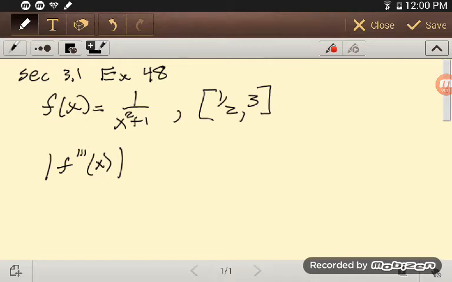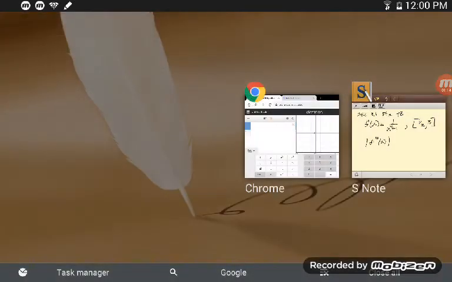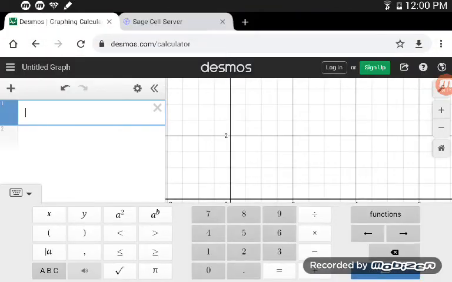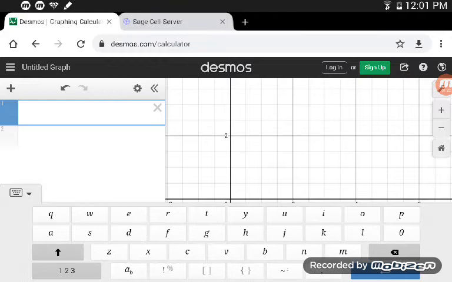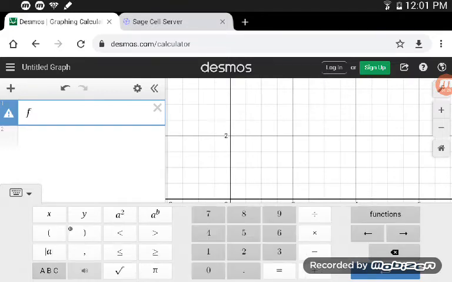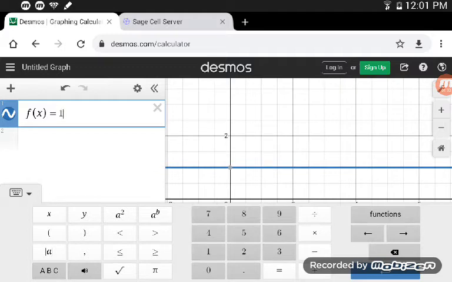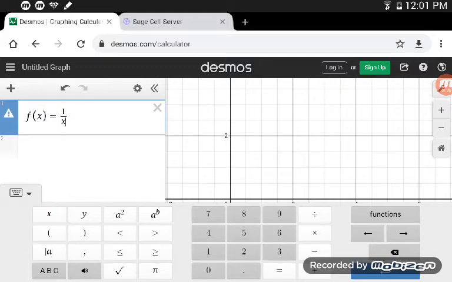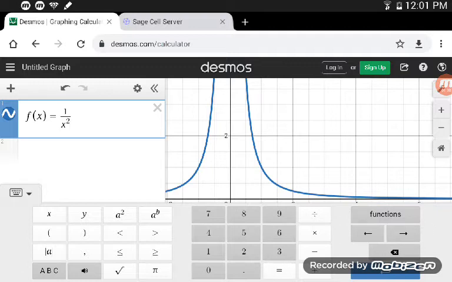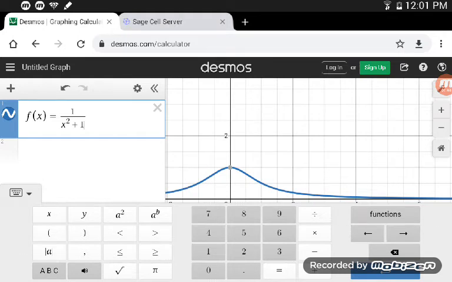And so here's a nice case where if we go to Desmos, now we won't know what the derivative is in this case, but if we say f of x is equal to 1 divided by x squared plus 1, we get that nice picture. And again, we're just looking on 1/2 to 3.